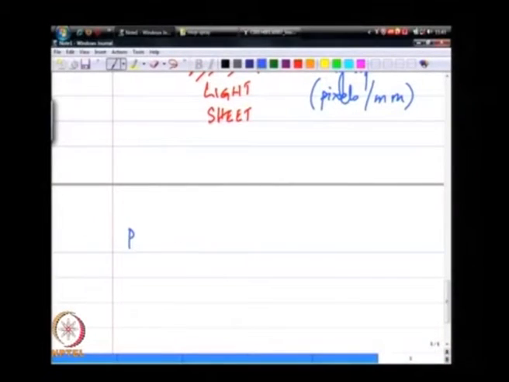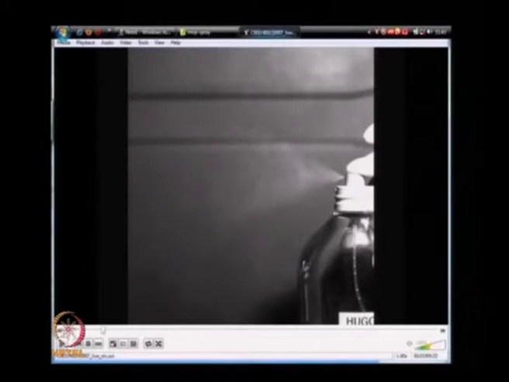We will extend this. The only problem is that if you look at what is happening very close to the nozzle, I just have a little grayscale image. In this particular region, I can see specks of white light, or down here I can see specks of white light, but for the most part of the spray close to the nozzle especially, I do not see individual drops.